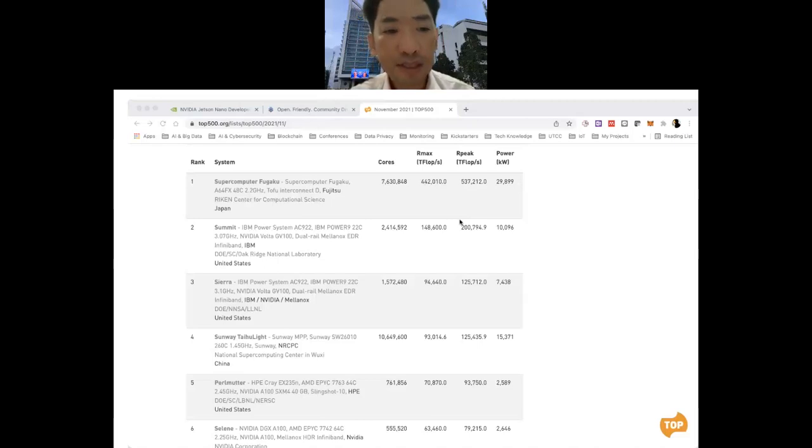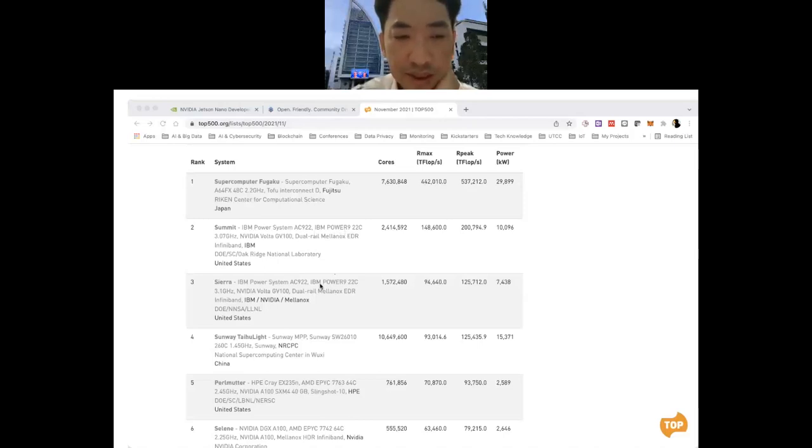What is the processor that they are using? For example, the Fugaku, this is the processor, A64FX. And the Summit here uses the IBM Power 9. This is the processor.